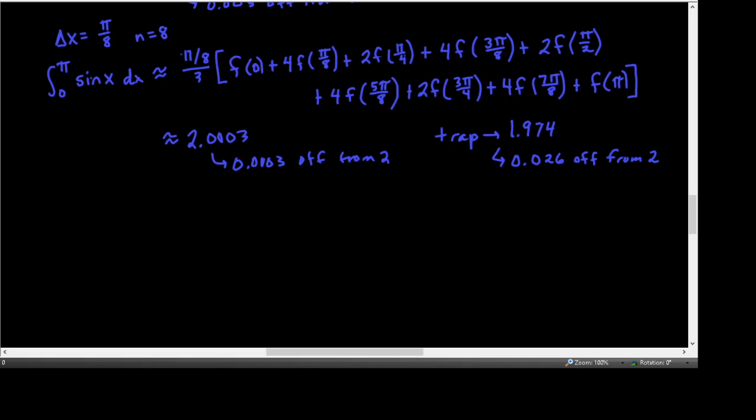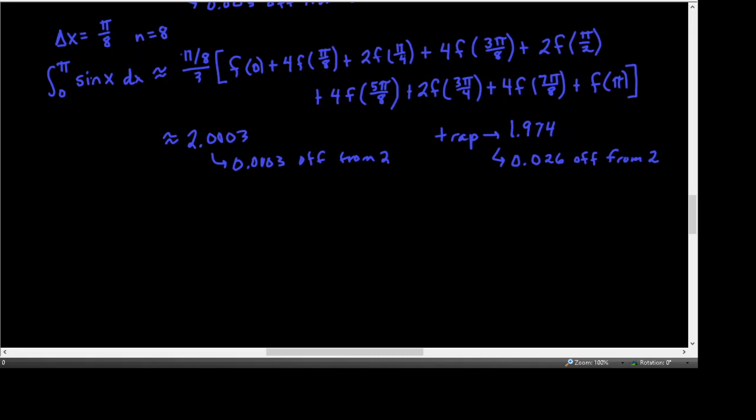assuming f has a continuous second derivative on the interval from a to b, then the error E in approximating the definite integral of f of x from a to b by the trapezoidal rule, the absolute value of your error, will be less than or equal to (b minus a) cubed over 12n squared times the maximum value of the absolute value of the second derivative of f of x on the interval from a to b.